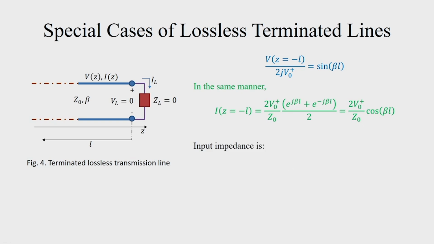Therefore, the input impedance seen at a distance L from the load can be written as Zin equal to jZ0 tan βL. You can see the same expression if you divide the voltage expression at a distance L from the load by the corresponding current expression.